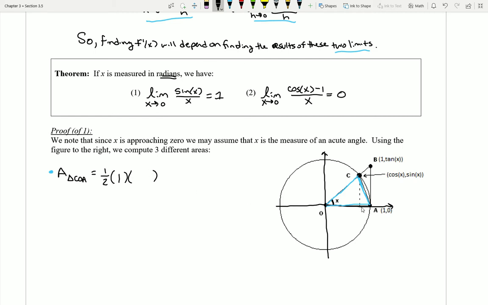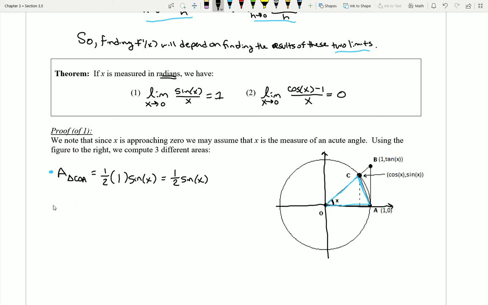Now the height of this is actually going to be given by this dashed line. That ultimately is going to be the y-coordinate of this point, which we can see is actually just sine of x. So in here, I'm just going to write down sine of x. So in total, the area for this blue triangle is 1/2 sine x.